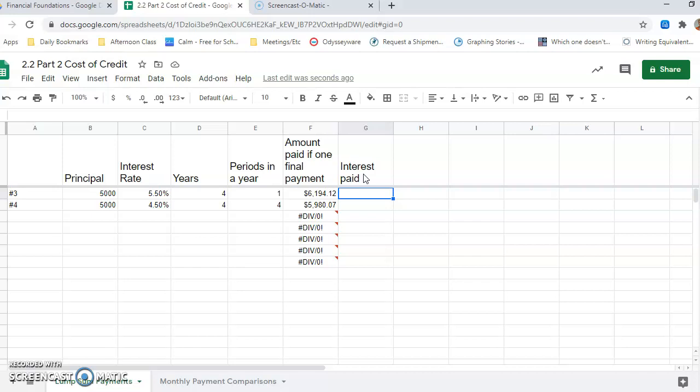Let's give the address. So I'm typing equal, because that's how I put in a formula. And then I'm going to type, well, let's see, the amount was in F2 minus the principal, which is in B2. And then hit equal.